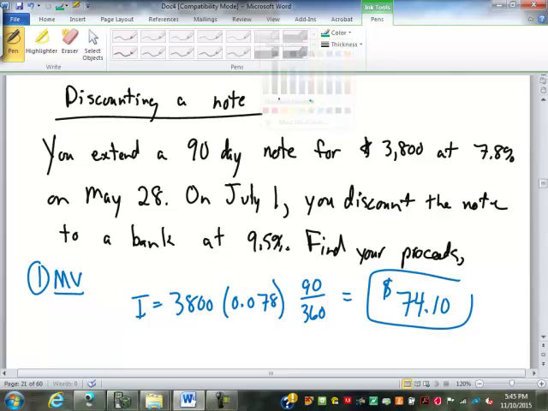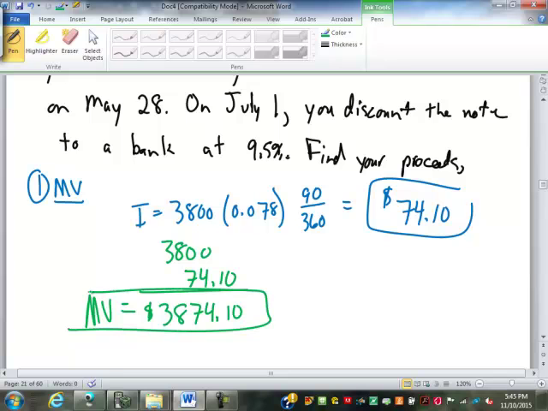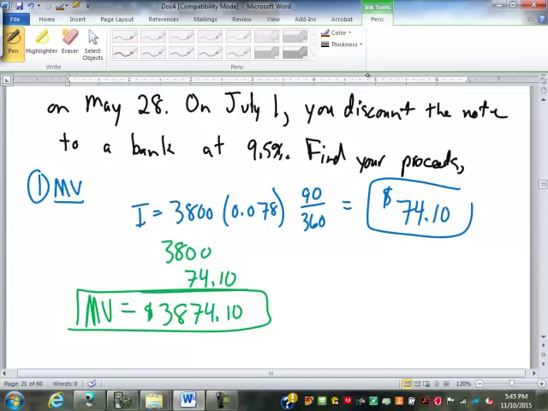So that means the maturity value, 3,800 plus 74.10, is $3,874.10. That is the amount that the bank's discount is going to be based off of.